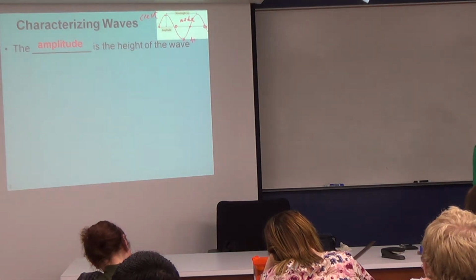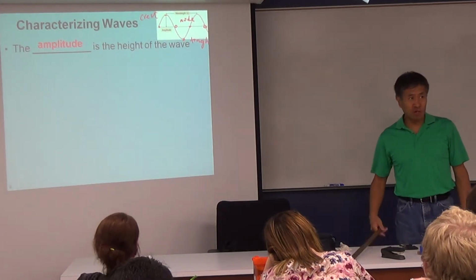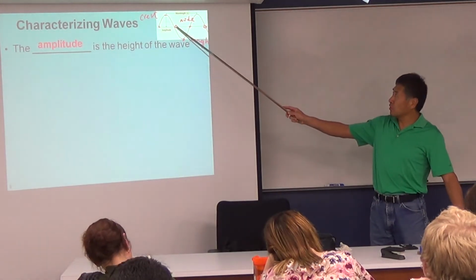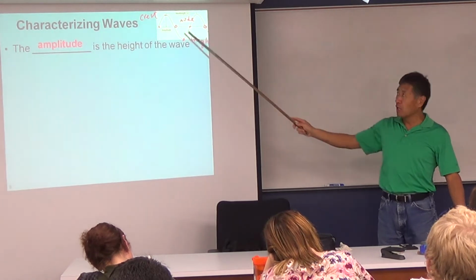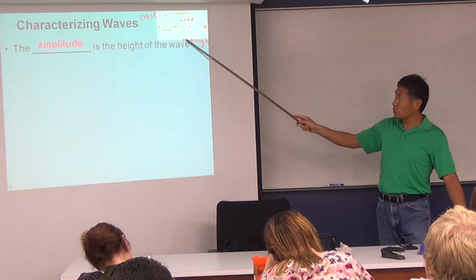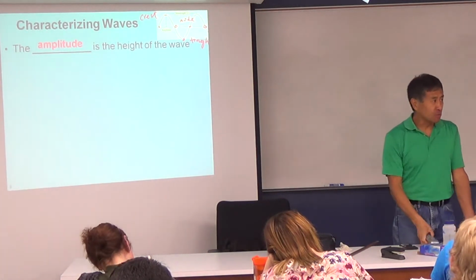The lowest point here, we call that trough. So then the amplitude just measures from the nodes either to the crest or from the nodes to the trough. And that's the amplitude.